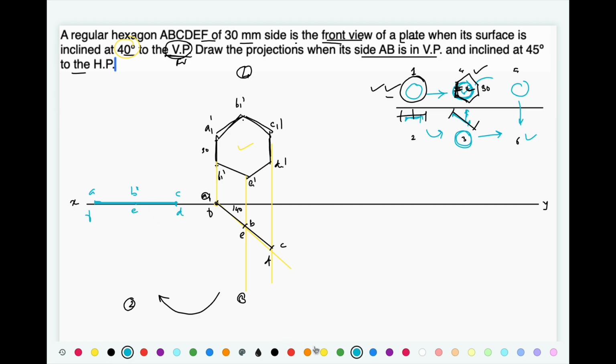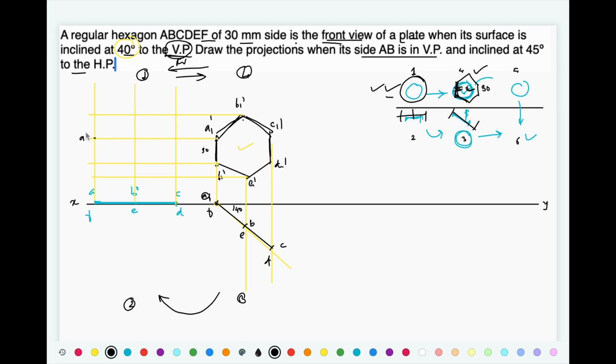Now again reverse the process from step 3 to step 2. From the view 2, locate the view number 1. So usually we take projections from view number 1 for the view number 4. This time we have projected in reverse direction.